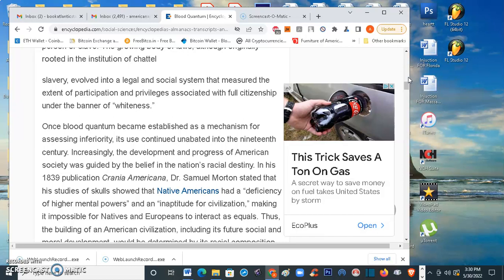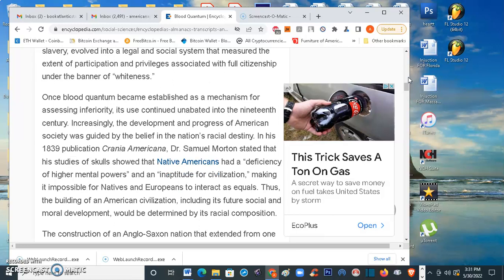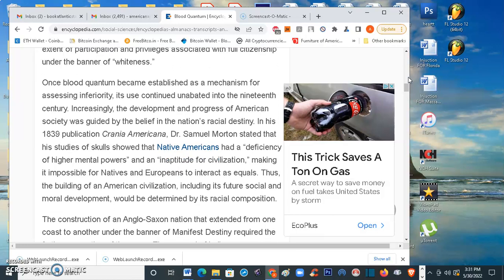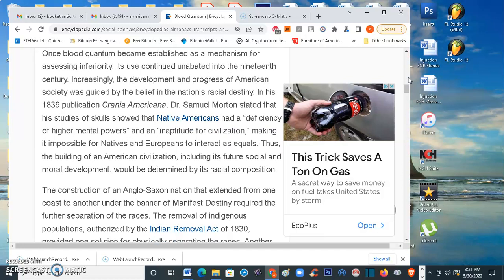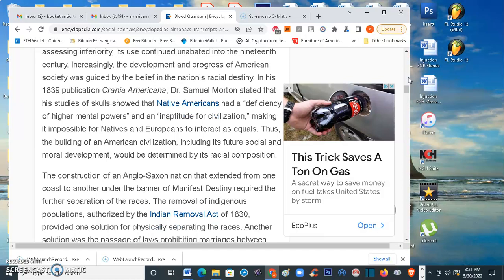Increasingly, the development of the progress of American society was guided by the belief in the nation's racial destiny. In his 1839 publication, Crania Americana, Dr. Samuel Morton stated that his studies of skulls showed that Native Americans had a deficiency of higher mental powers, and an inaptitude for civilization, making it impossible for natives and Europeans to interact as equals.